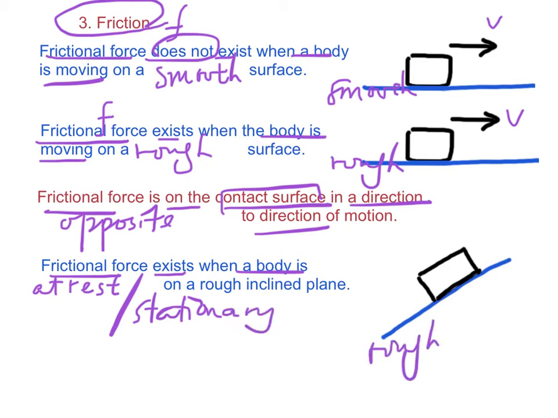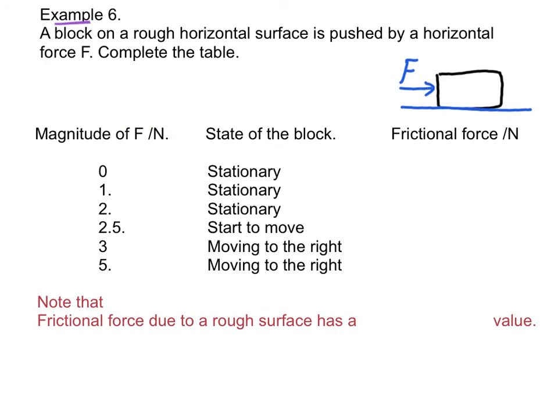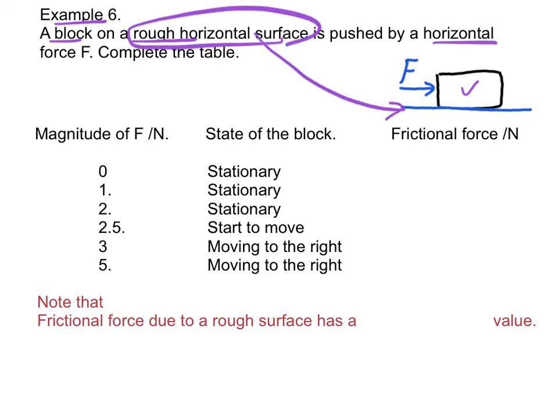The direction of friction is uphill. Example 6. A block on a rough horizontal surface is pushed by a horizontal force F. Let's complete the table.